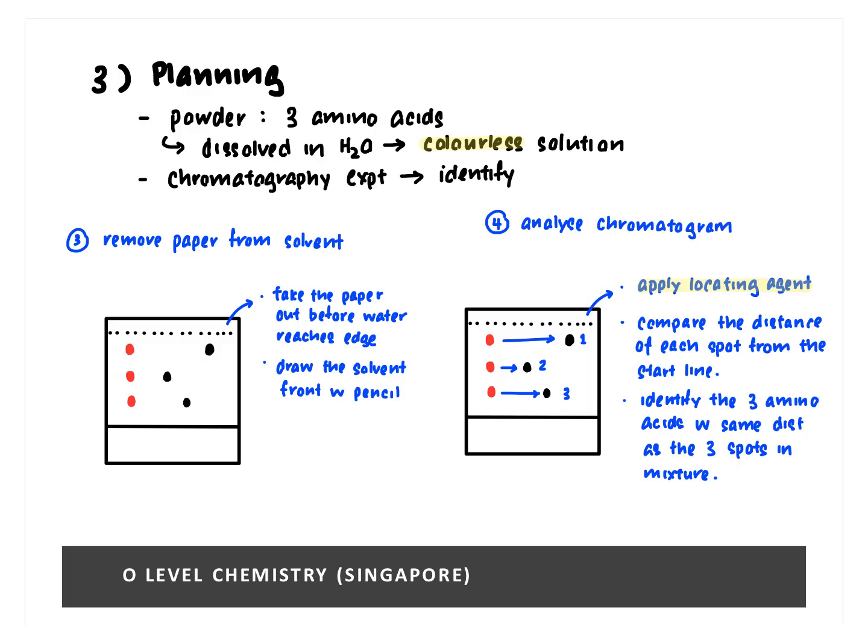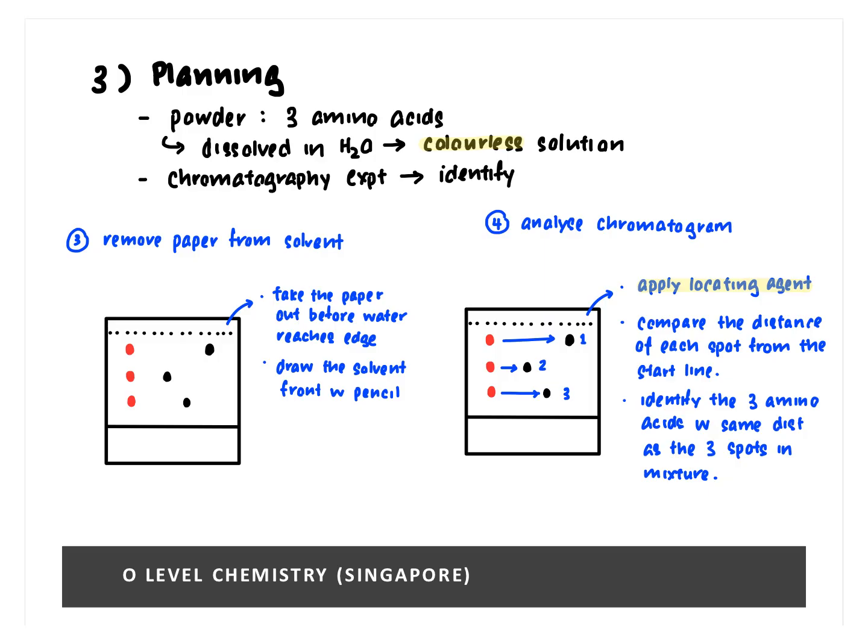The last thing to be done is to analyze the chromatogram. Now note that the question states that the solution is colorless. Right? If not, we should have also learned in the syllabus in theory that amino acids are colorless, and therefore we need to apply a locating agent. Okay, I doubt that they would require you to identify what locating agent to use, but for amino acids it is to spray a chemical called ninhydrin.